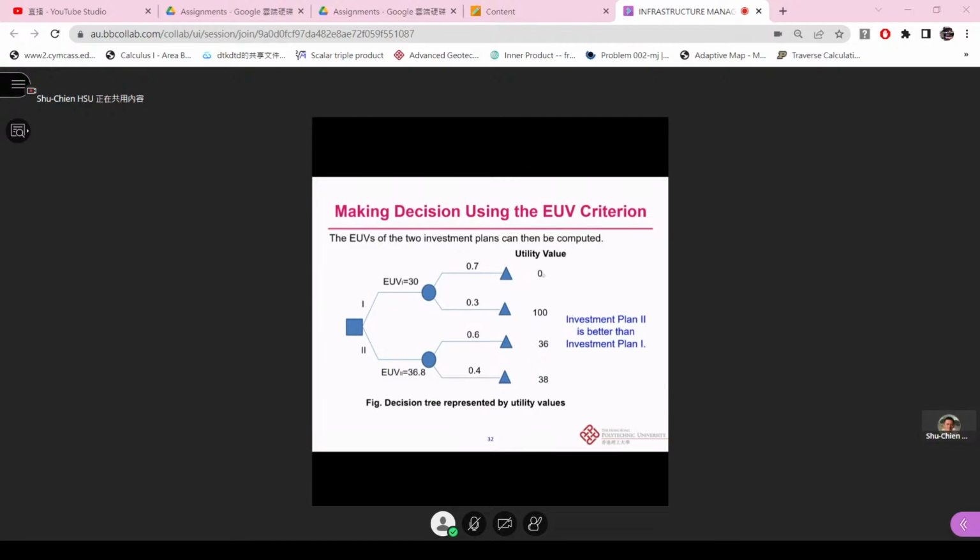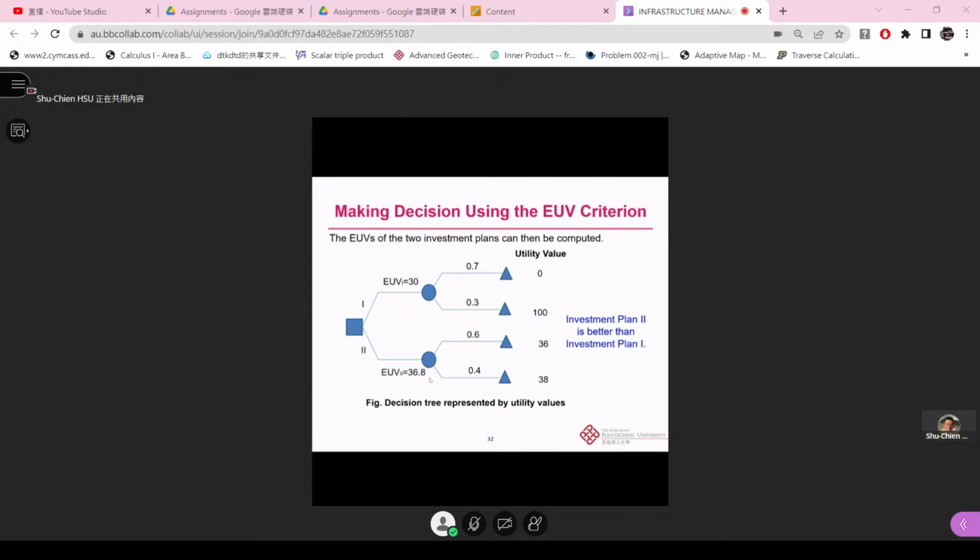We have the utility value 0 times 0.7, plus 100 times 0.3, so we get the EUV for plan 1, which is 30. And with 36 times 60% plus 38 times 40%, we get the EUV for plan 2, which is 36.8.